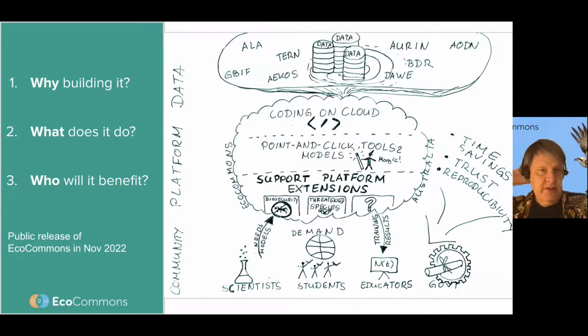And I just want to go into a little more detail about why we're building EcoCommons, what does it do, and who will it benefit. So first off, EcoCommons is looking to empower researchers and decision makers to protect and restore the planet. We're doing that by drawing on our partners and our collaborators, also our top scientists, to provide ecological data, scientific workflows, and digital infrastructure.